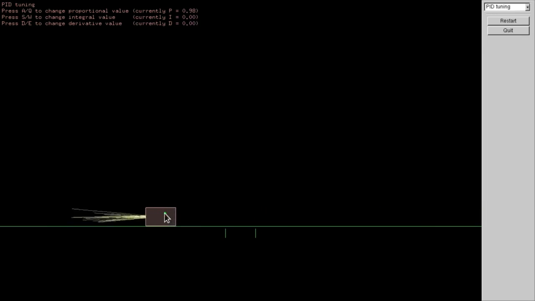But if I just let this go and see what happens, we'll see that that does not actually completely do what we want, because we want it to stop in the middle. And the reason is because this is a frictionless block that's sliding around. And when the quadcopter is up in the air, there's a little bit of air friction, I suppose, but for the most part there's almost no friction in the air.